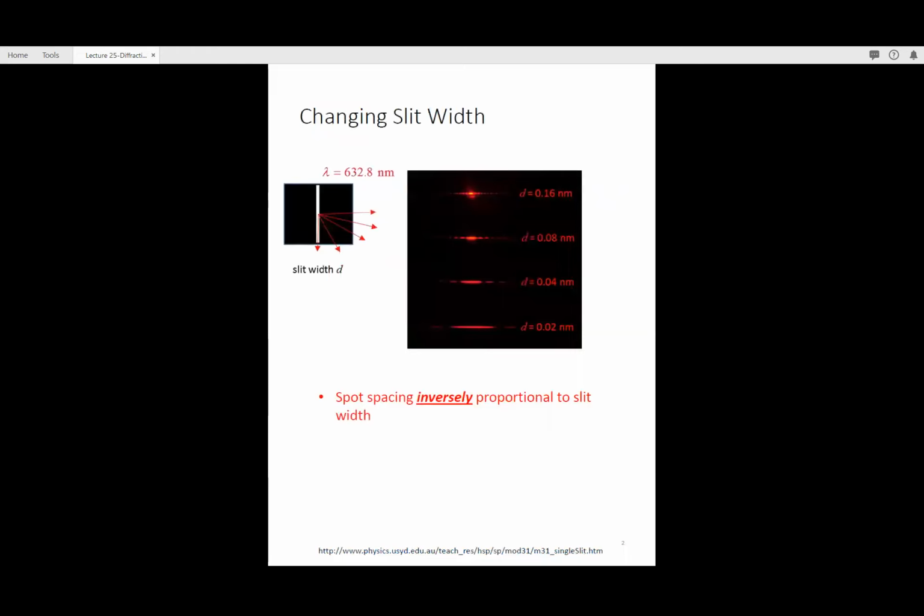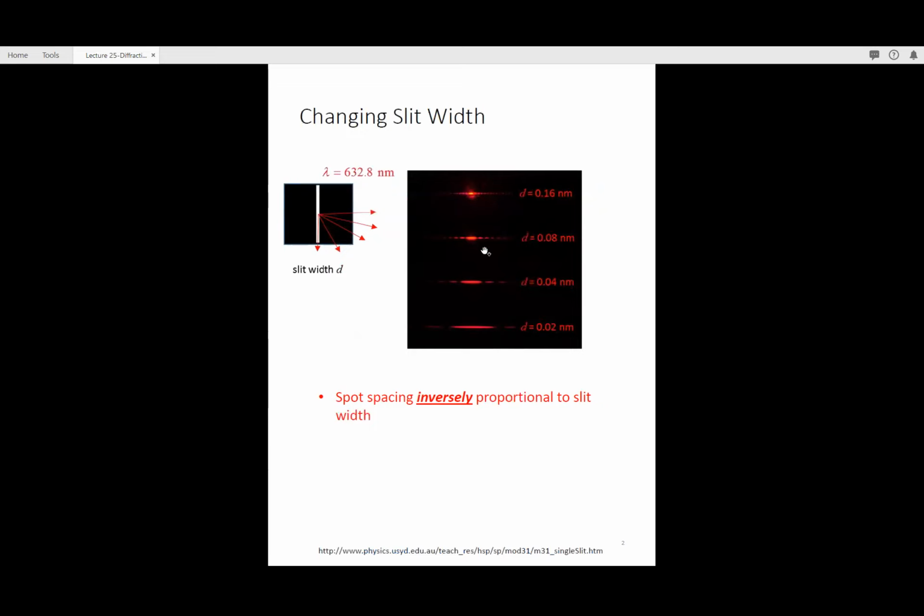Also, if we do it with apertures of different sizes, and I'm pretty sure that the people who made this meant for these aperture sizes to be in millimeters, not nanometers, then very large apertures lead to very small side lobe spacing.